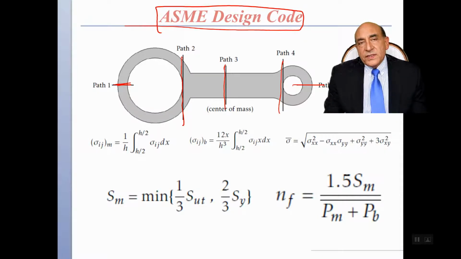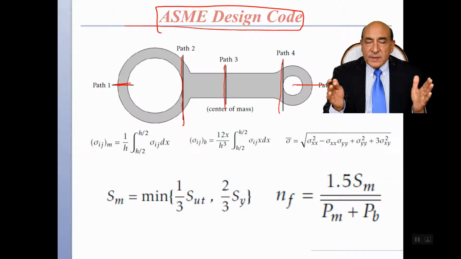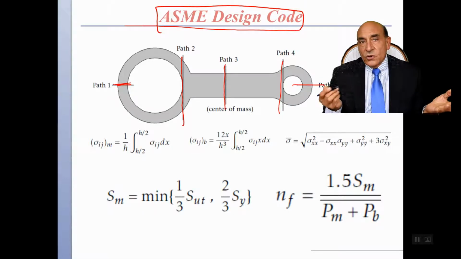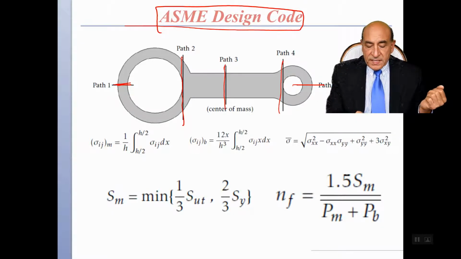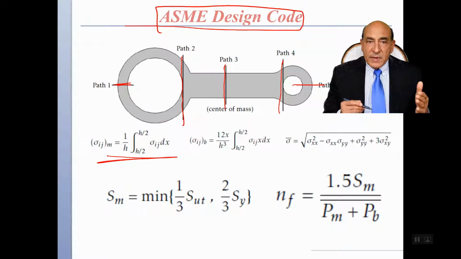And for each path, we do not look at every point along the path, but we do some kind of averaging, because that eliminates numerical errors that are local. The averaging gives us an average value for each component of the stress, and the average value is broken into a bending component and a membrane component.